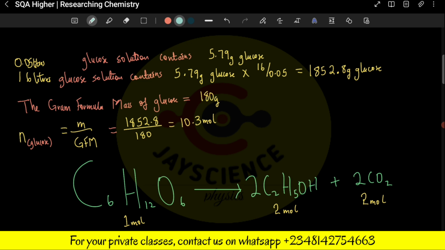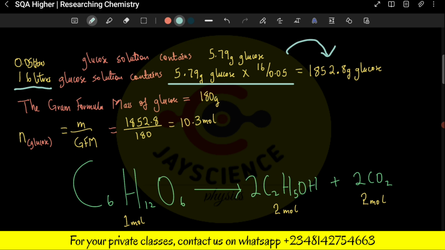It's more like a mass ratio to how much mass we're going to have when the volume is 16 liters. So what you do there is find the mass of X. If 0.05 liters of glucose contains 5.79 grams, 16 liters of glucose will contain 5.79 grams times 16 divided by 0.05. That gives us 1,852.8 grams of glucose.